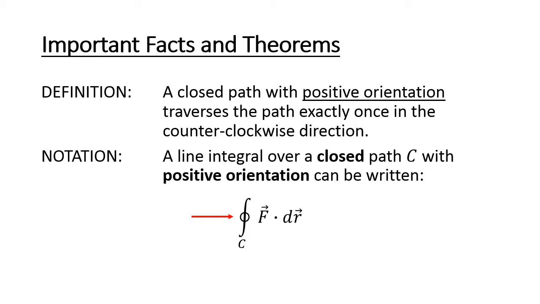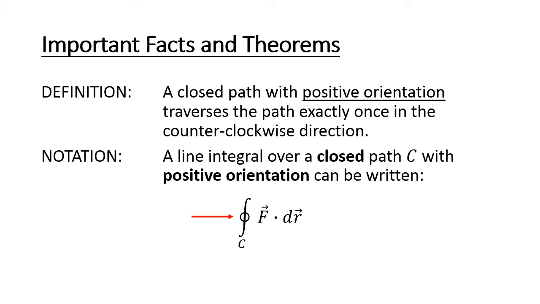So if I have a line integral over a closed path C that has positive orientation, and it also means that it's piecewise smooth, so positive orientation, piecewise smooth, aka POPS, we put a little circle around our integral notation, and that little circle says all of that in English.